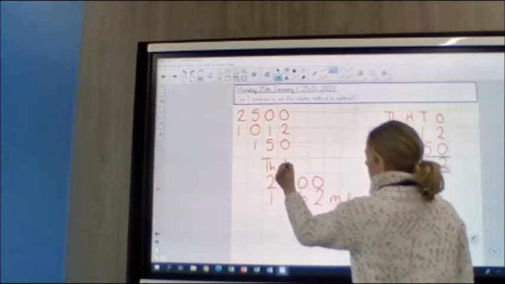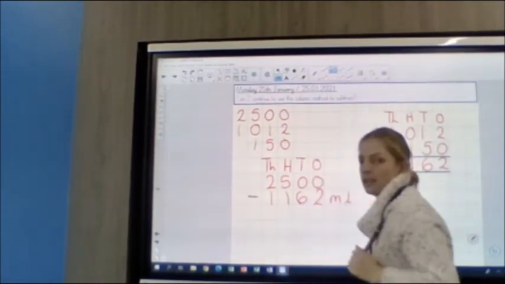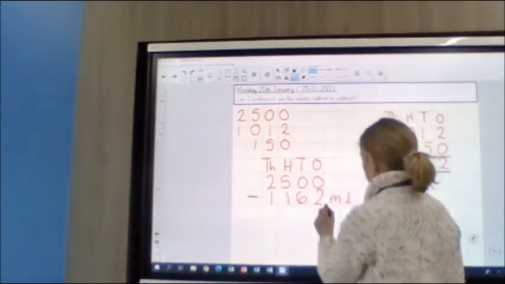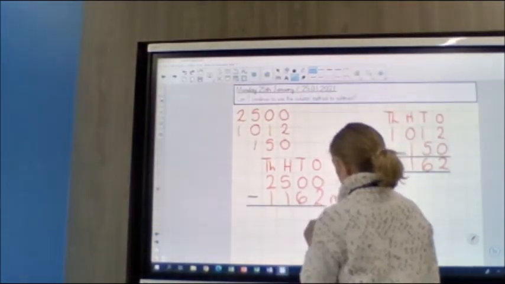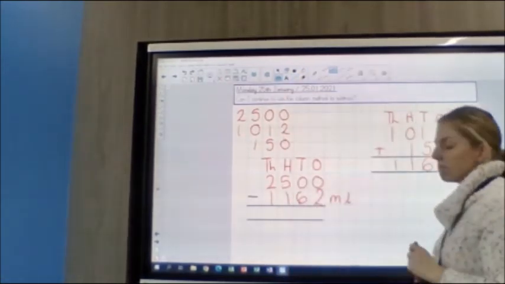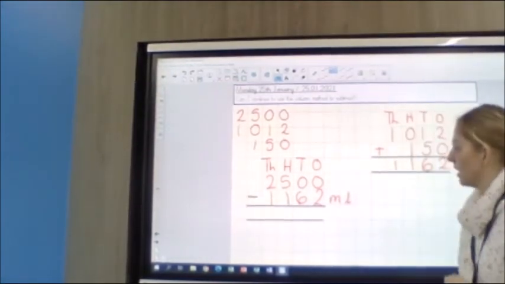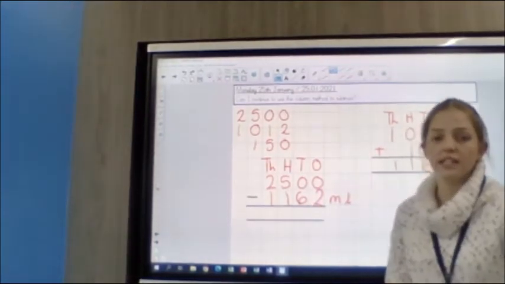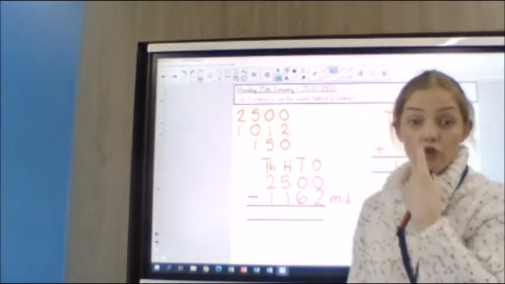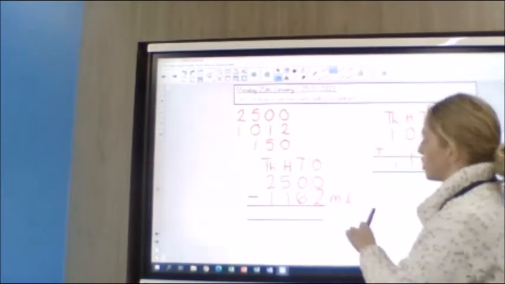Thousands, hundreds, tens, ones. I need to do my subtraction sign and then my equals. Now 0 take away 2 I cannot do, so I need to go next door. But if you look, I have another 0, so that means I've got to borrow from my hundreds column. You need to make sure that you're exchanging from your hundreds because you've got 2 zeros.